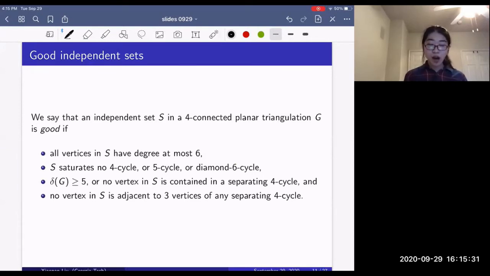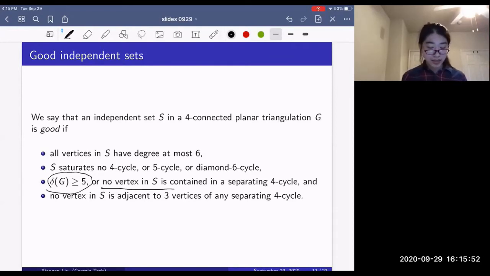All vertices in S have degree at most 6, S saturates no 4-cycle, 5-cycle, or diamond 6-cycle, and no vertex in S is contained in a separating 4-cycle, and this condition can be replaced by minimum degree 5.